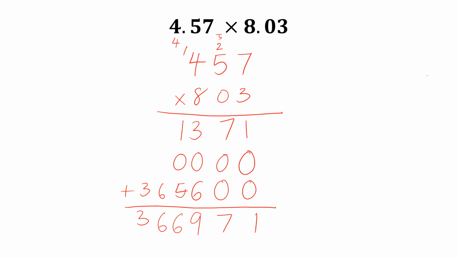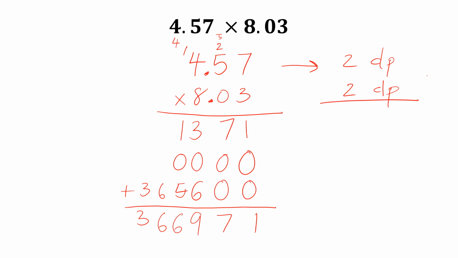Now guys, we're going to insert our decimal point. So it was 4.57 and 8.03. Now let's check our decimal places. In the first number, we have 2 decimal places, and in the second one, we also have 2 decimal places, because for each, there are 2 digits to the right of the decimal point.